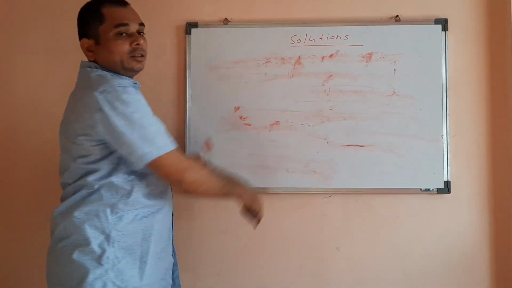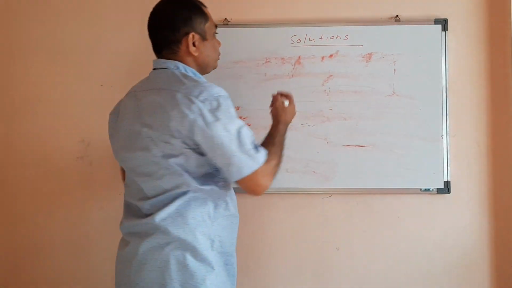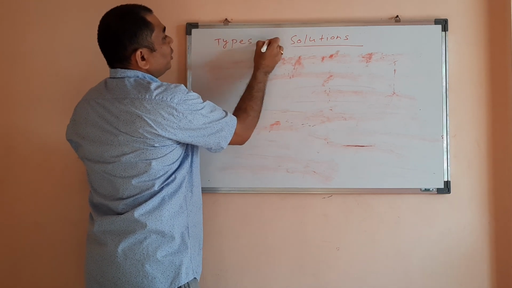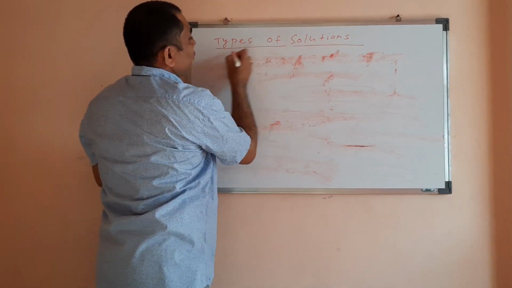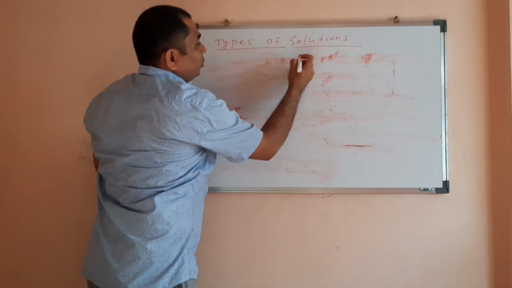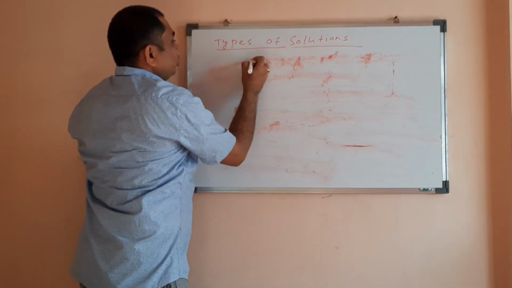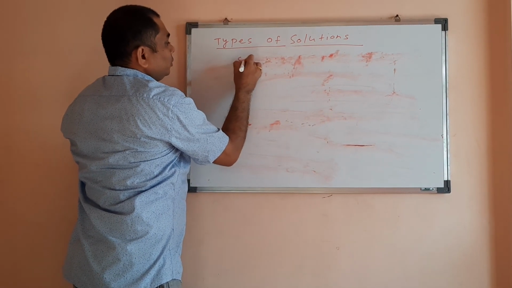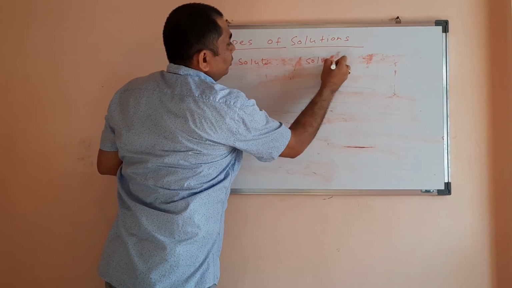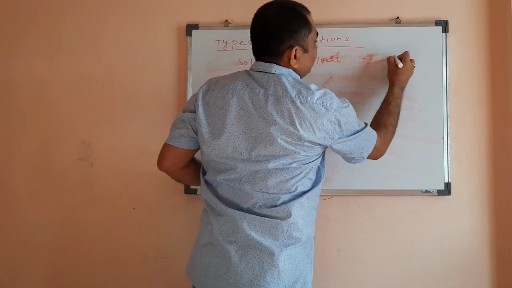Let us see the types of solutions. So let us see different combinations that we can have. See, this is a solute, this is a solvent, and this is example.